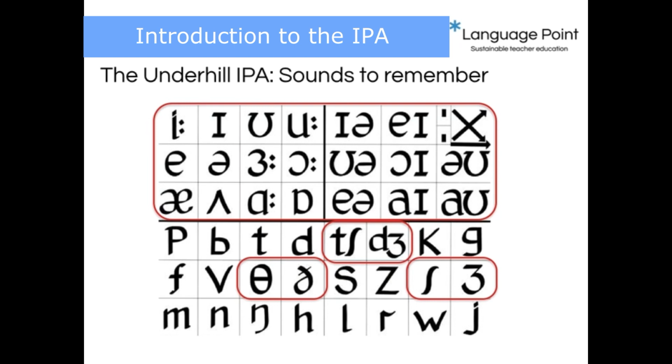These two are different versions of S sounds or SH sounds, which are sh and zh. Worth remembering because they look quite different. Ng is quite easy to remember because it looks like a combination of an N and a G, which is the NG sound, but doesn't look like a letter really.